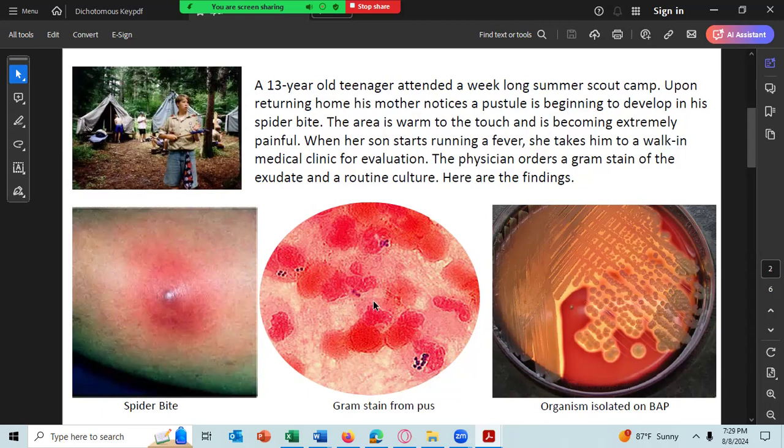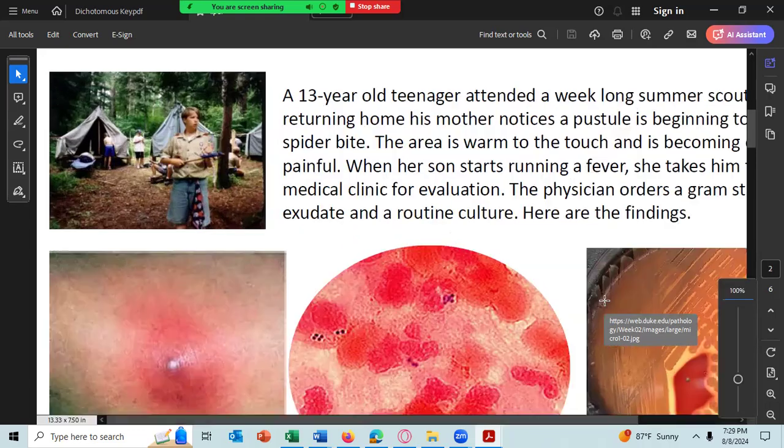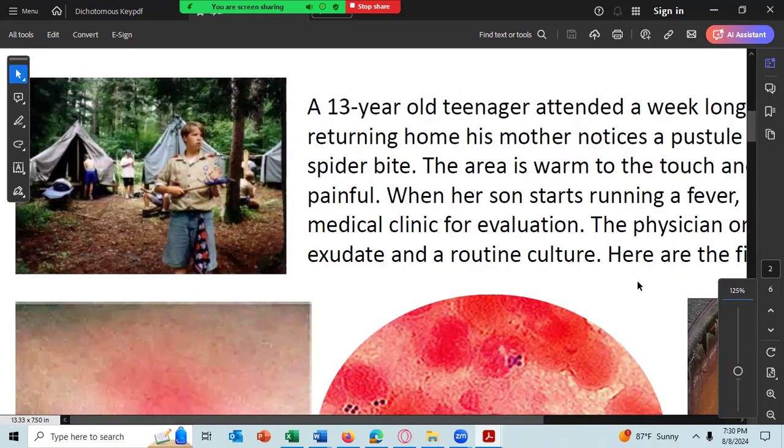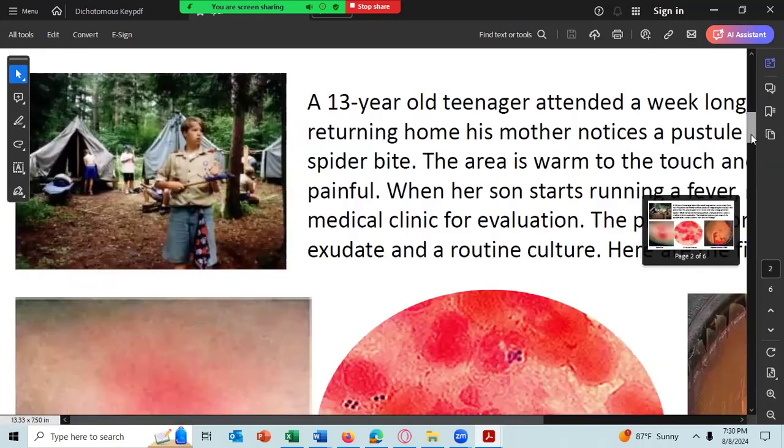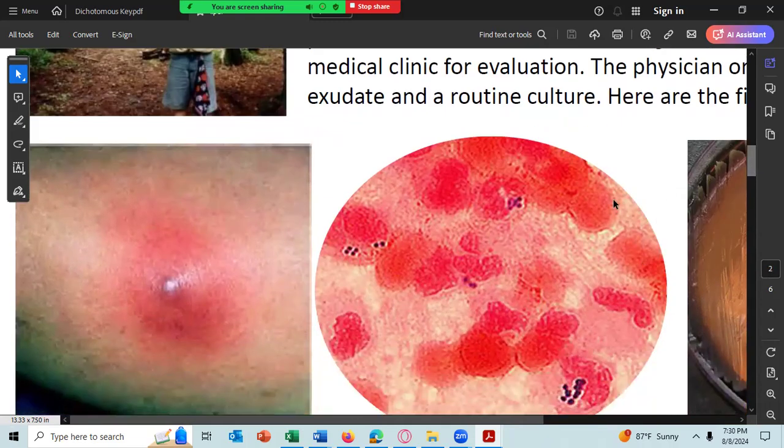So there's the gram stain. There's the bacteria there. These large cells are actually the boy's cells. So tell me what the bacteria is in the gram stain, gram positive, gram negative, as well as the shape of the cells.